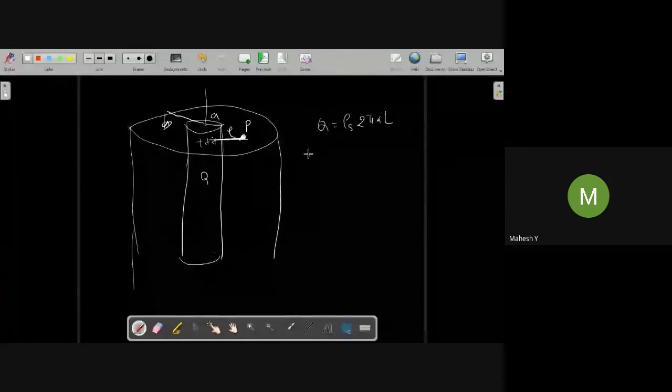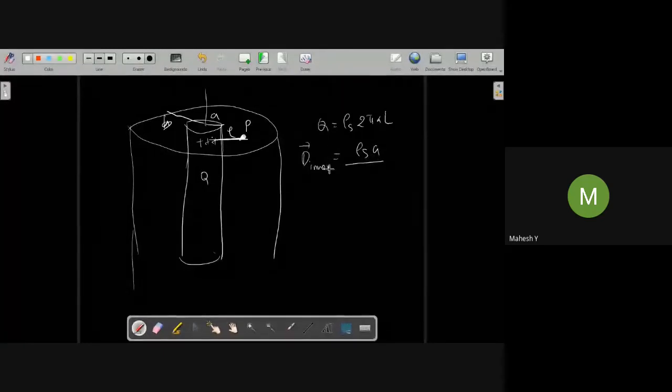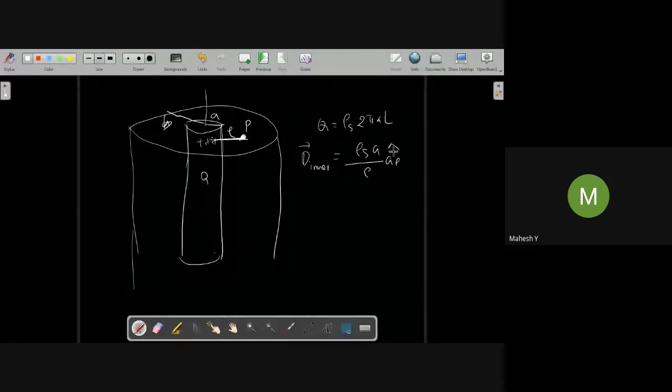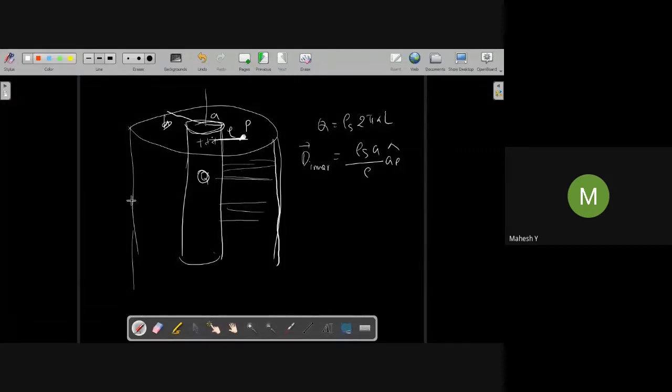So at a point P, the flux density D due to the inner cylinder is what we have derived, that is rho s A by rho, a rho cap. But when this has a plus q charge, there will be flux moving outside, and that will induce a charge in the outer cylinder also, right?